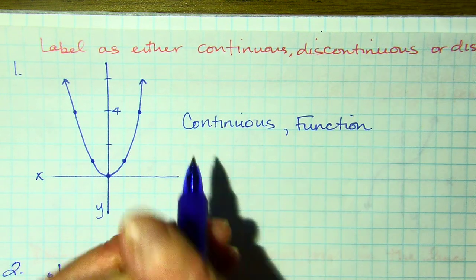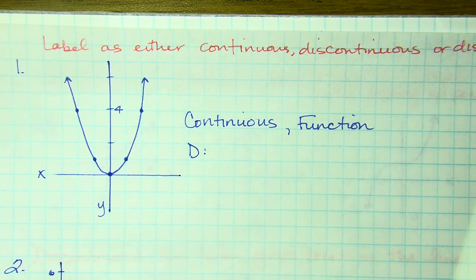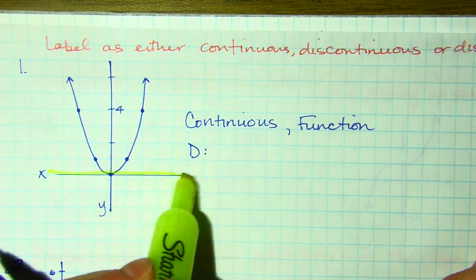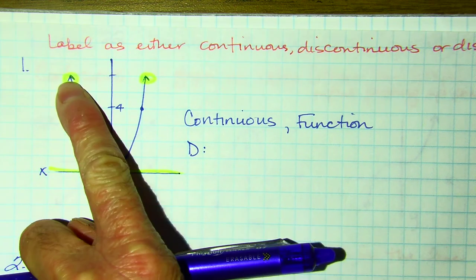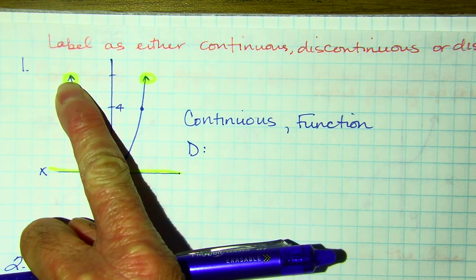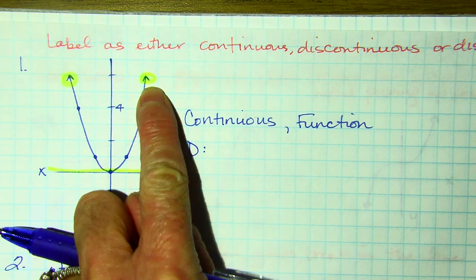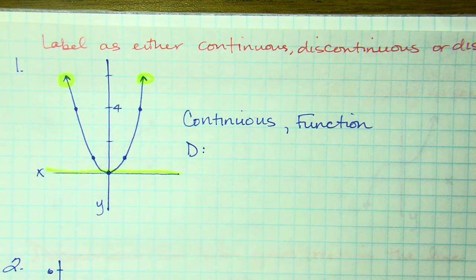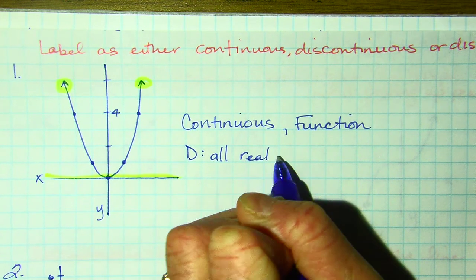My domain, notice if I'm looking at x, this arrow points to the left, so it would move on and on and on to the left, which is all my negative numbers. This arrow points to the right, so it would move on and on and on for all my positive numbers. So I would say domain is all real numbers.